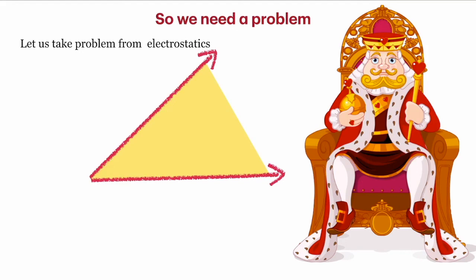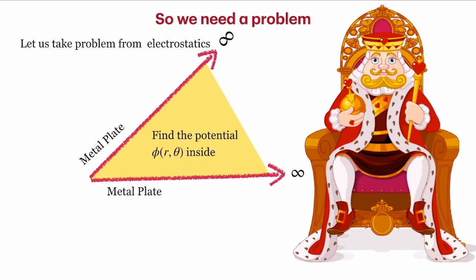This is about two parallel plates kept at an angle, and we are looking for the solution inside the metallic plates. The metallic plate goes all the way to infinity. We said that the potential is maintained at 0 on the metallic plate. Even if we keep it at some constant potential, we can easily subtract that and solve for the 0 potential, and then add the constant value back.